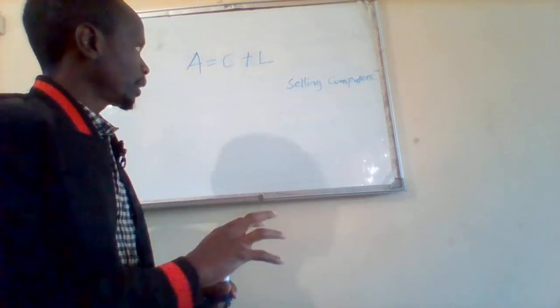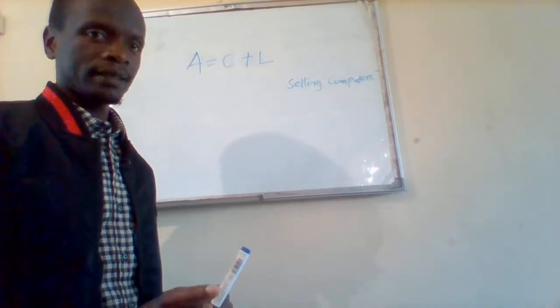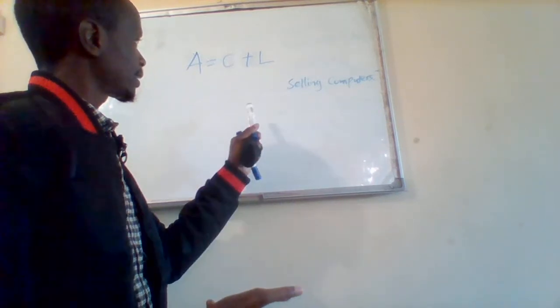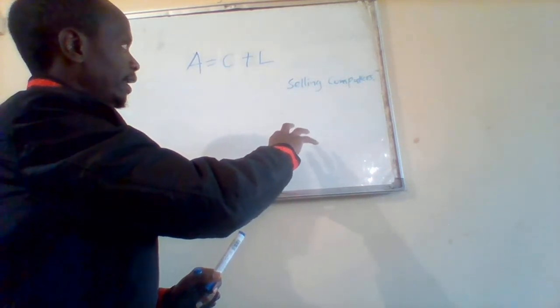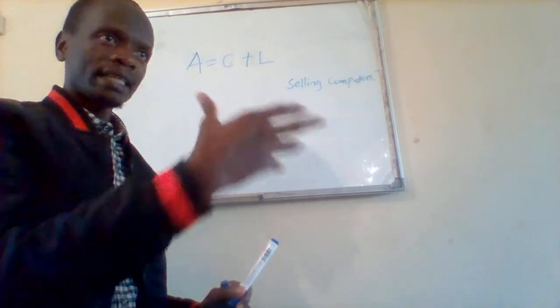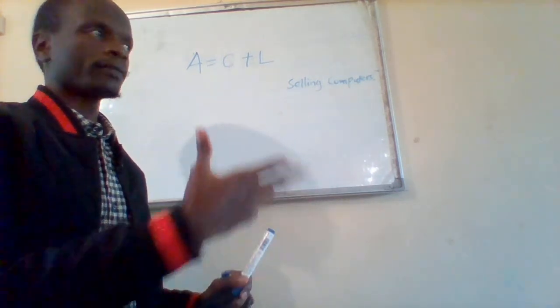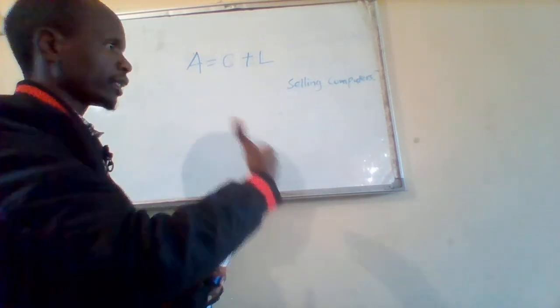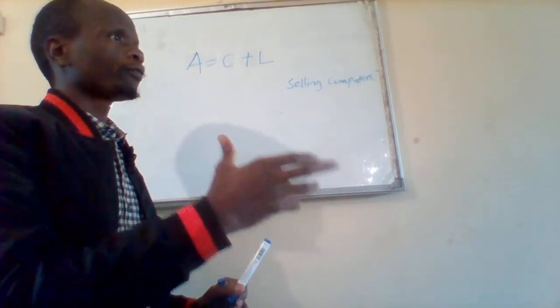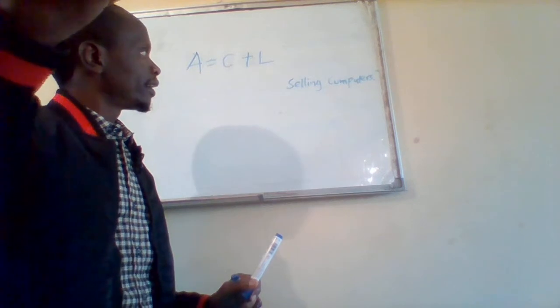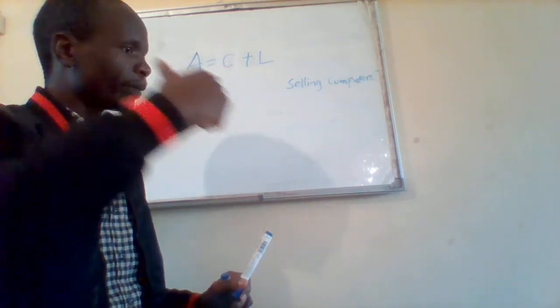Computers, in this case, will be a purchase expense because the business that we're dealing with is a business that buys and sells computers. So it doesn't keep computers for future use. There's no element of future use. It is for immediate sale.